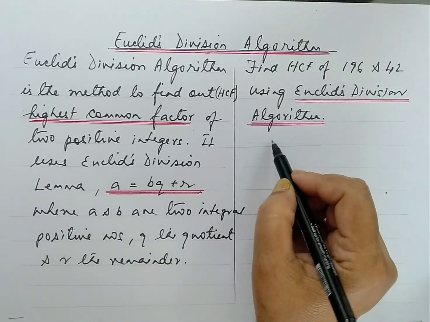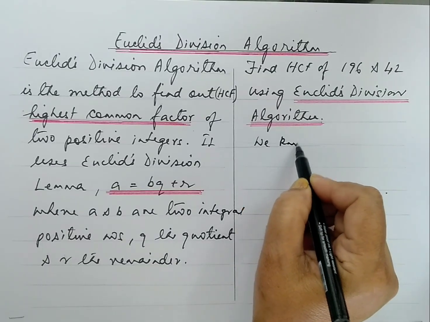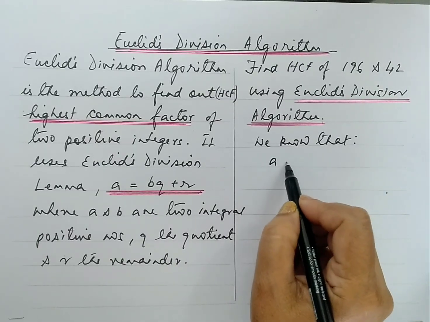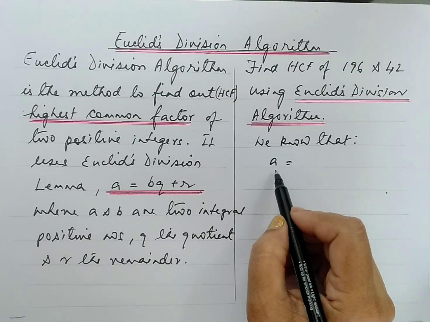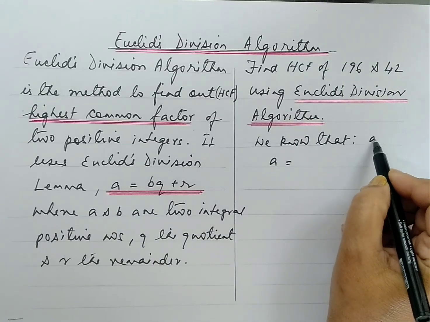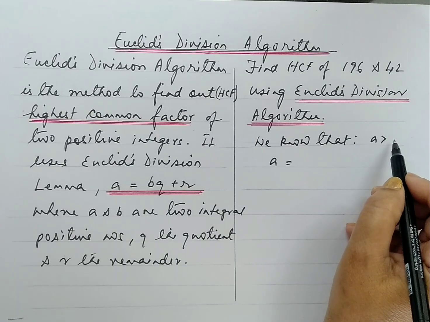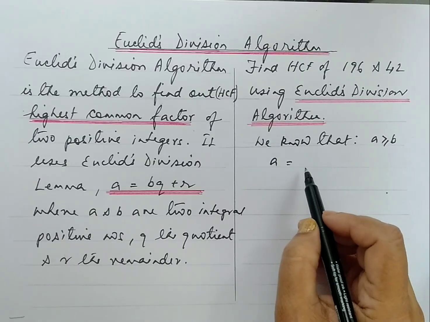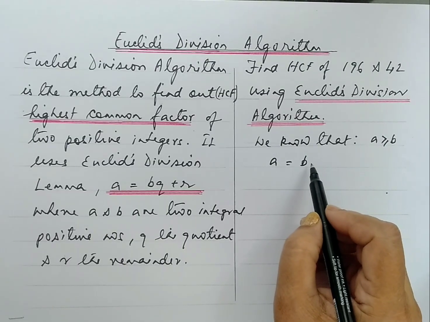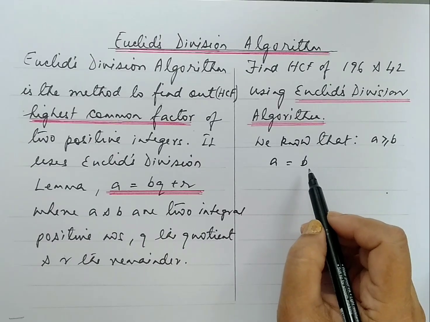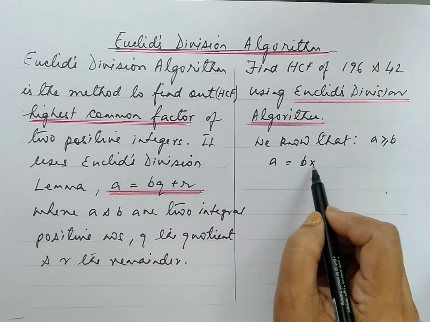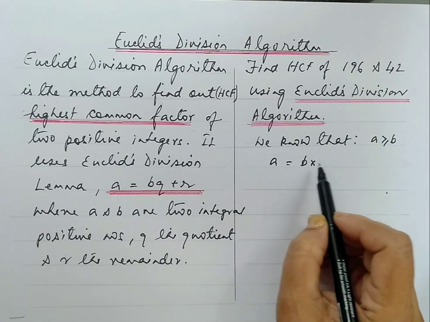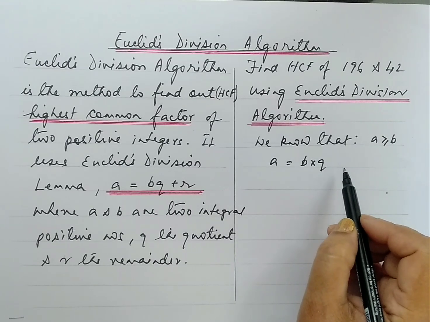Now as per this we know that a equals b times q plus r, where a is one positive number, greater than or even equal to b. b is the second integer, multiplied by the answer you get whenever you divide a by b, a quotient, don't you?